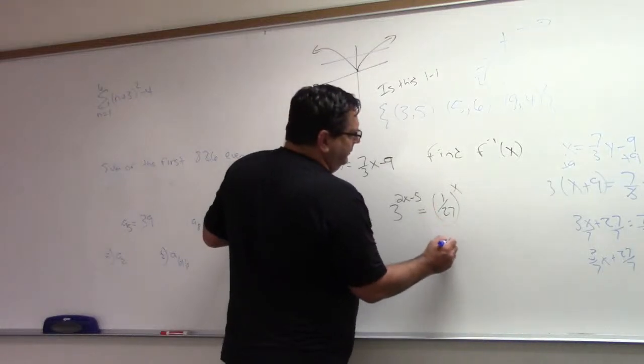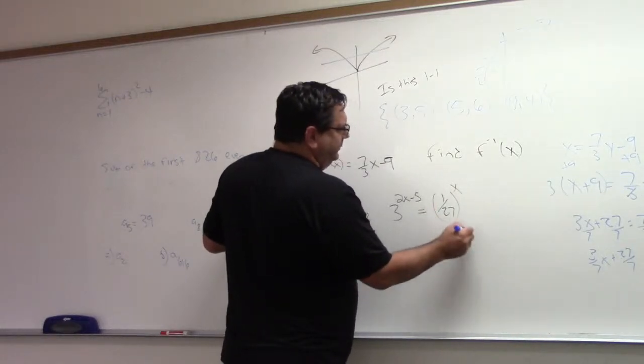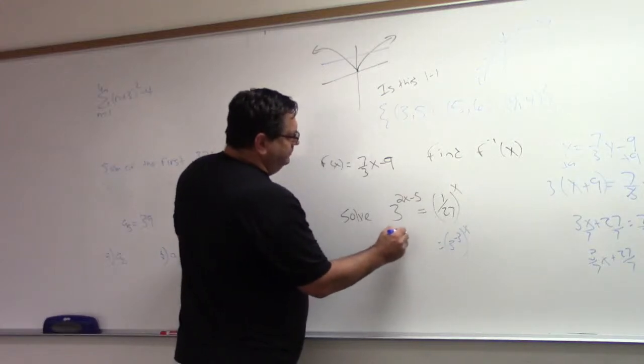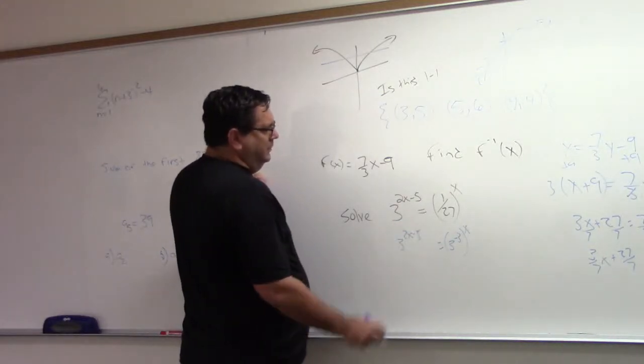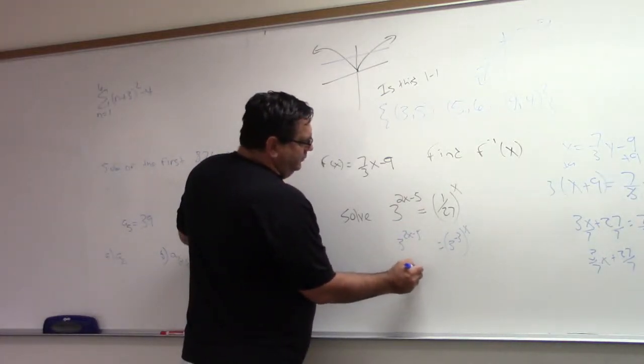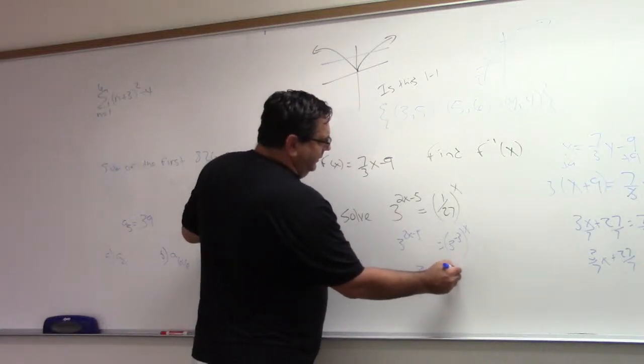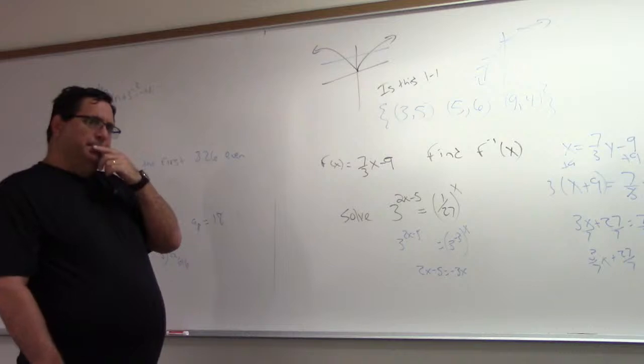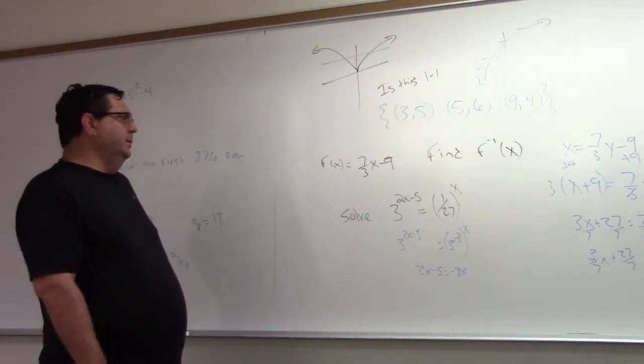1 over 27, 3 to the negative 3, yes? 2x minus 5 equals negative 3x. Can you show how you do the negative thing? Because there's like a trick to it, right?